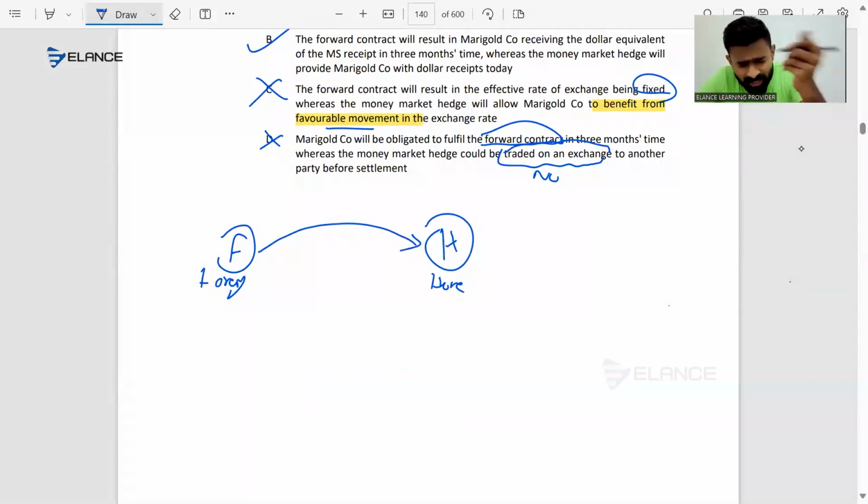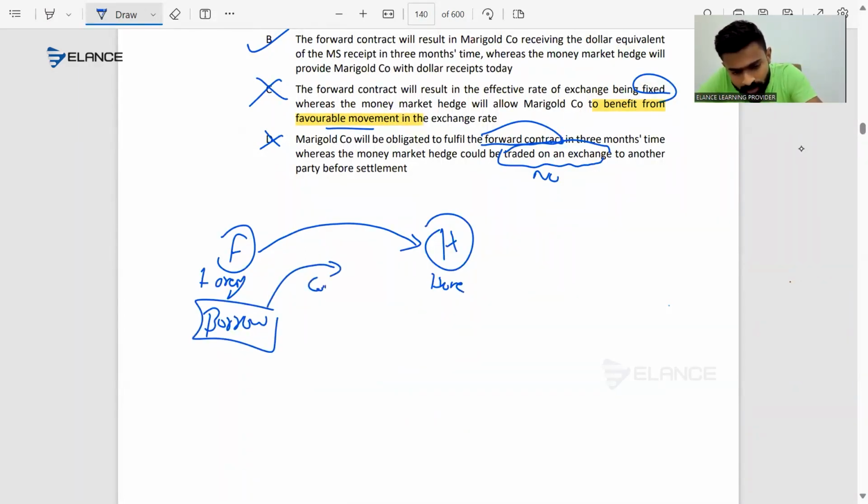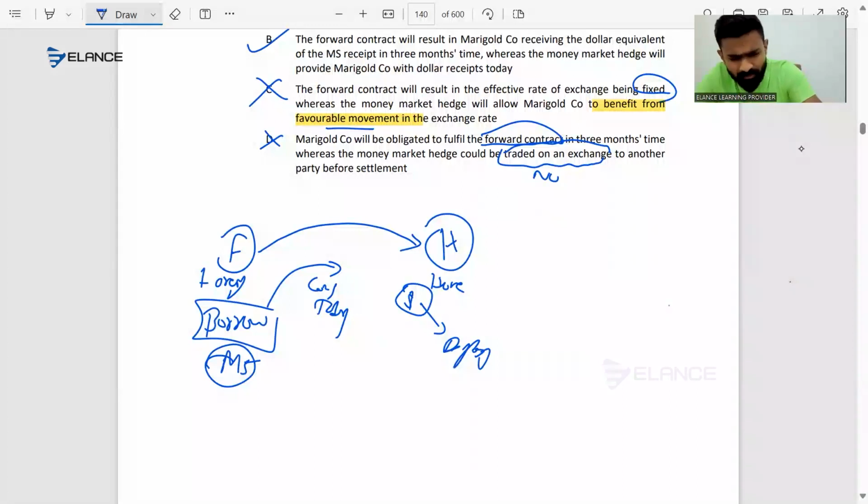In order to convert this today in the money market, we will borrow money in the foreign currency, which in this question was MS, and convert it to dollars, if dollar is our home currency. And we'll deposit this. This is what happens in MMH. This is the very basis for MMH.